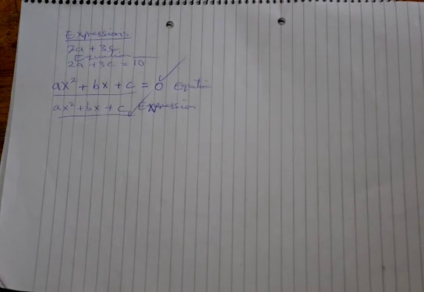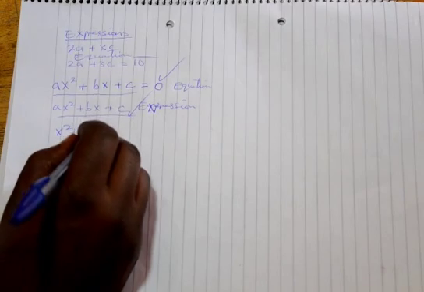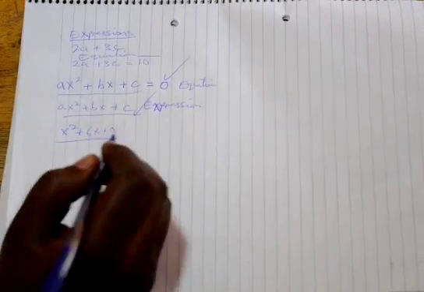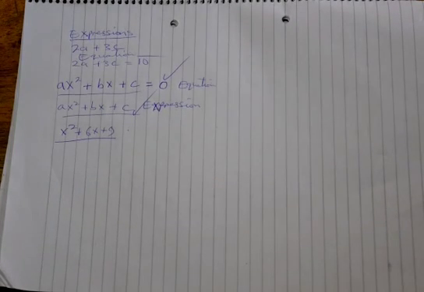So we have an example, which is number one: x squared plus 6x plus 9. Now when you talk of factorization, we are talking of putting this expression in its simplest format. Now let's look at this. Let's see how we do that.